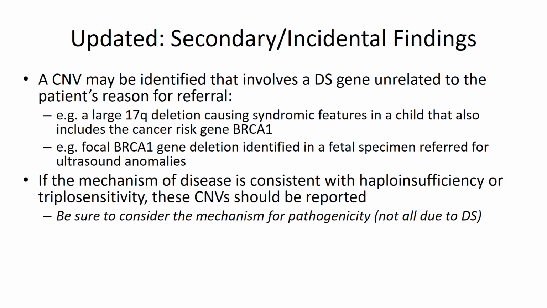The new technical standards included updates on the interpretation of secondary and incidental findings. During genomic testing, a CNV may be identified that involves a dosage-sensitive gene unrelated to the patient's reason for referral.